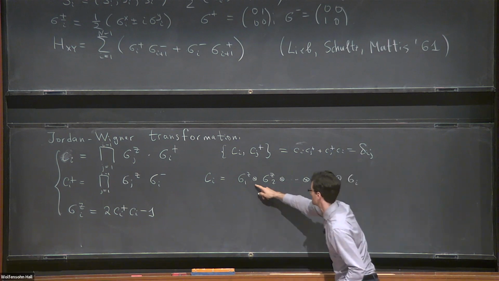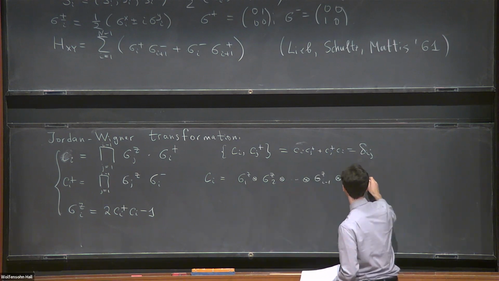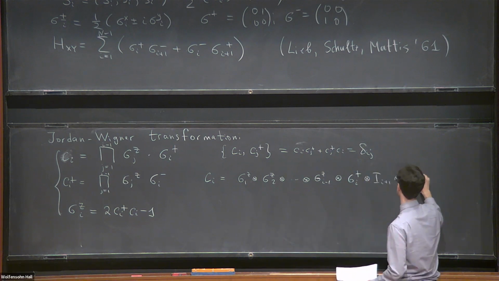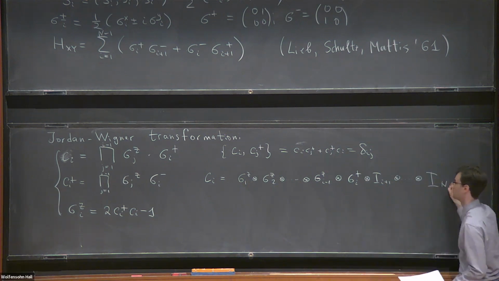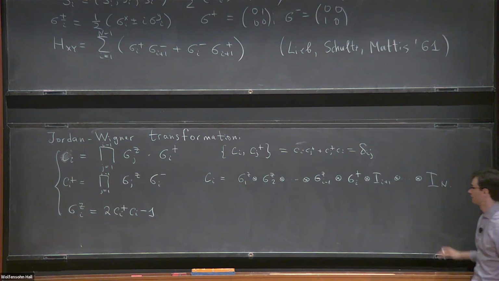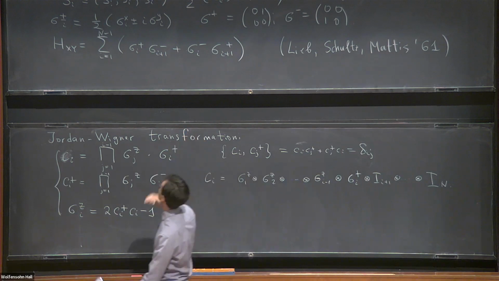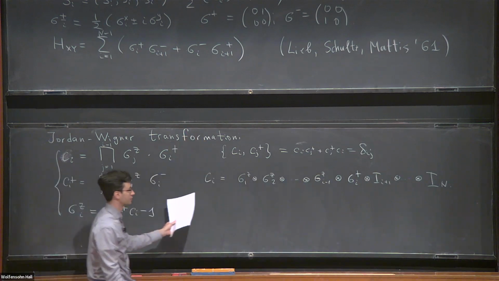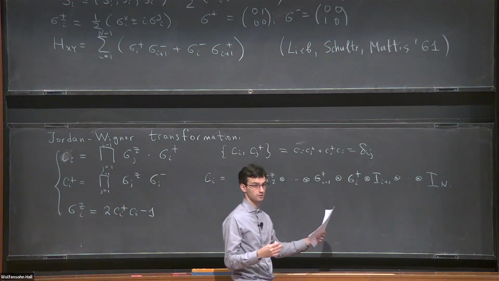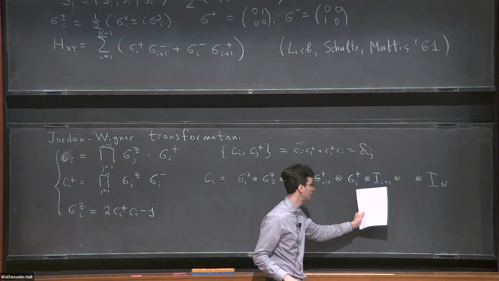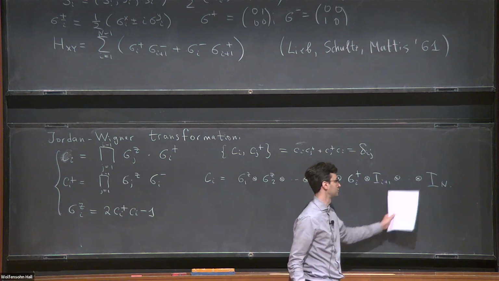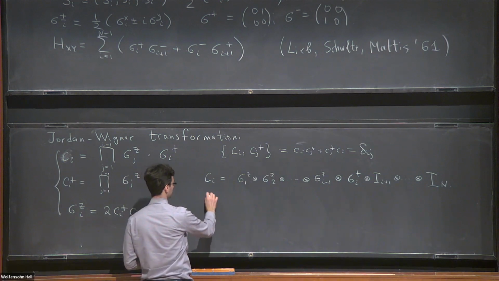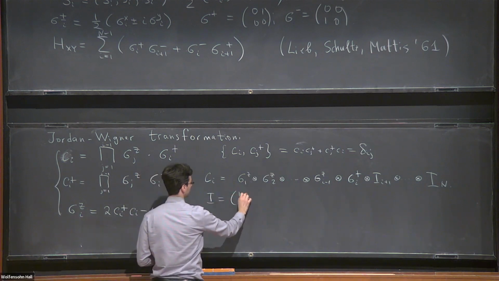I don't usually use this notation of tensor product, just to save some space, but that's what we really mean for these operators, and the same for the Hamiltonian. When we write the Hamiltonian in this form, we usually keep in mind the tensor product of operators on different spin sites, chain sites, times identity matrices which live on the other chain sites. Each identity matrix is just 1, 1.